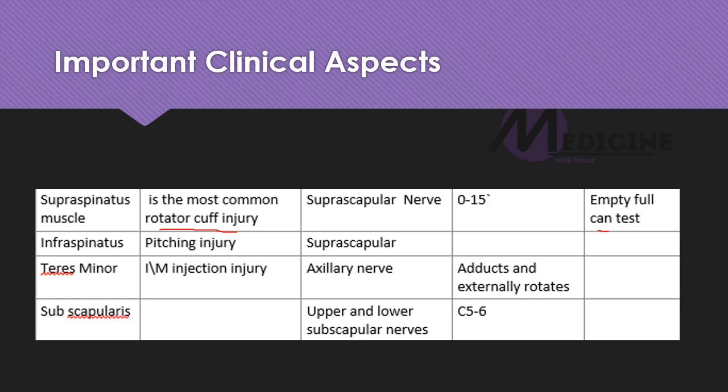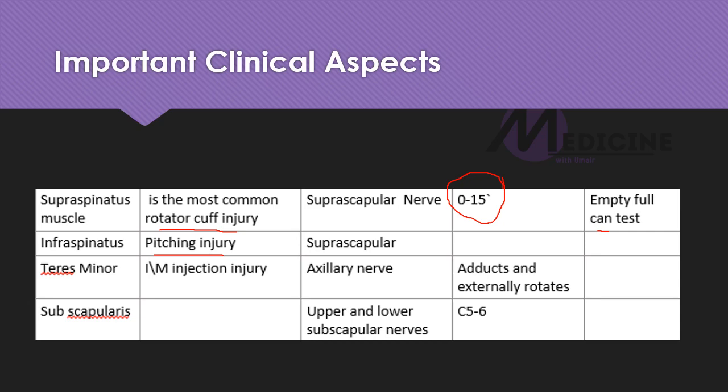Then there's infraspinatus muscle. It's usually found in pitching injury, and the suprascapular nerve usually supplies it. And there's one more important thing about supraspinatus muscle: it is responsible for the first 0 to 15 degrees of abduction.